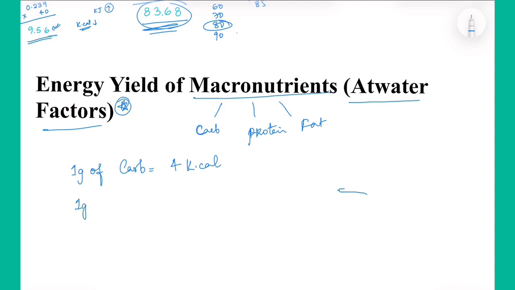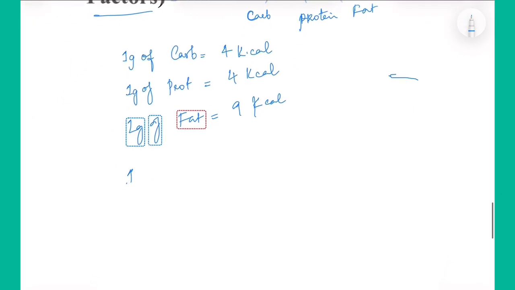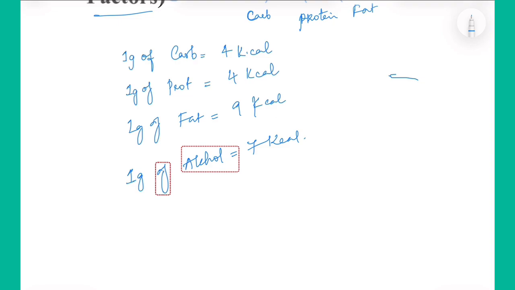Similarly, 1 gram of protein will give you 4 kcal. 1 gram of fat is going to give you 9 kcal. 1 gram of alcohol will give you 7 kcal. Remember, this is for pure alcohol, which is ethanol.